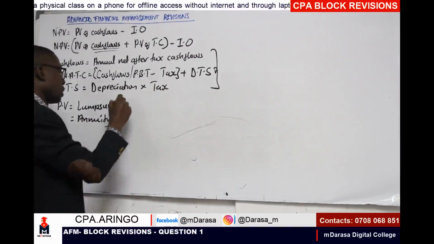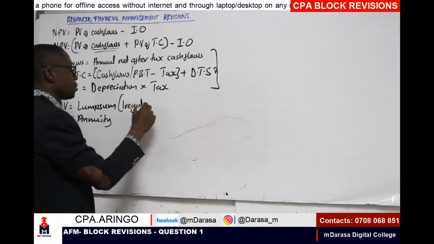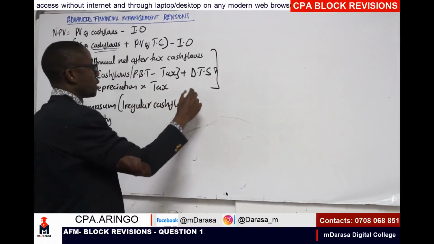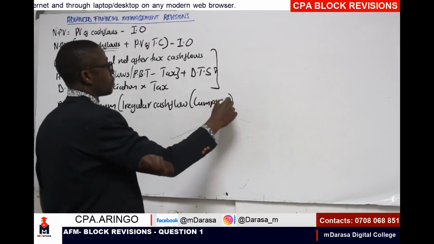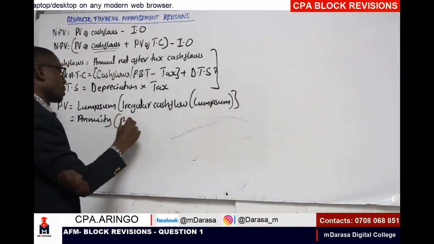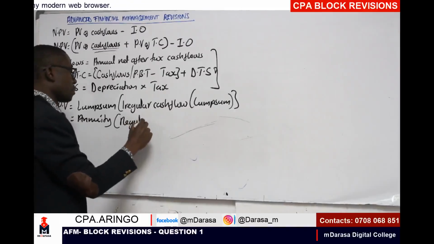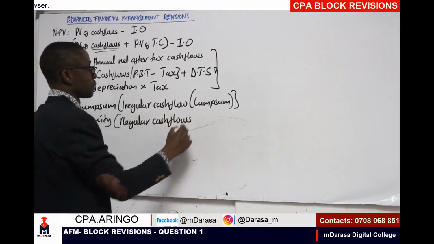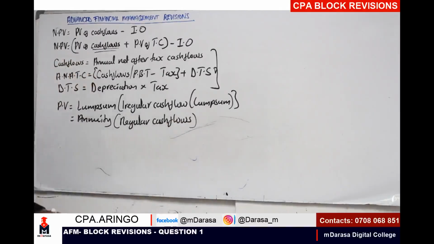Lump sum, in this case, is the same as irregular cash flows. Annuity, this is regular cash flows, the same, equal all through.